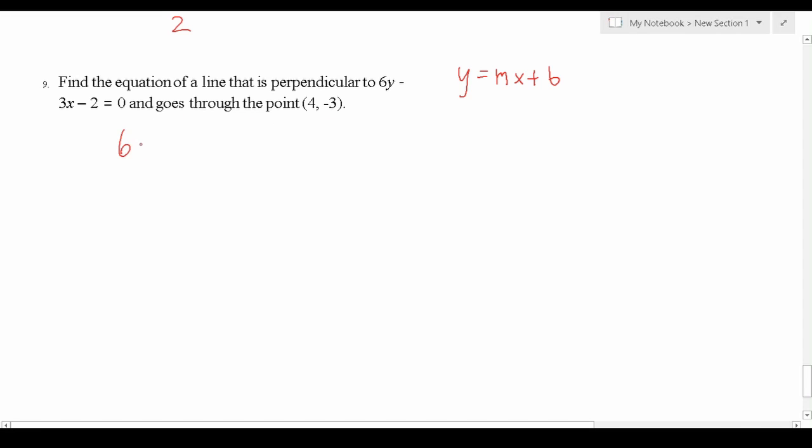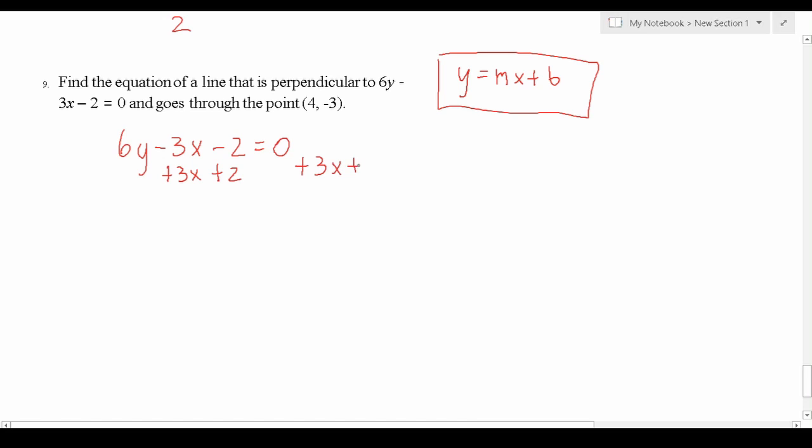We have 6y minus 3x minus 2 equals 0. Again, you want to solve for y. That is, you want to put this in slope-intercept form. So what you can do is add 3x plus 2 to both sides. That will cross this out and leave you with 6y equals 3x plus 2.